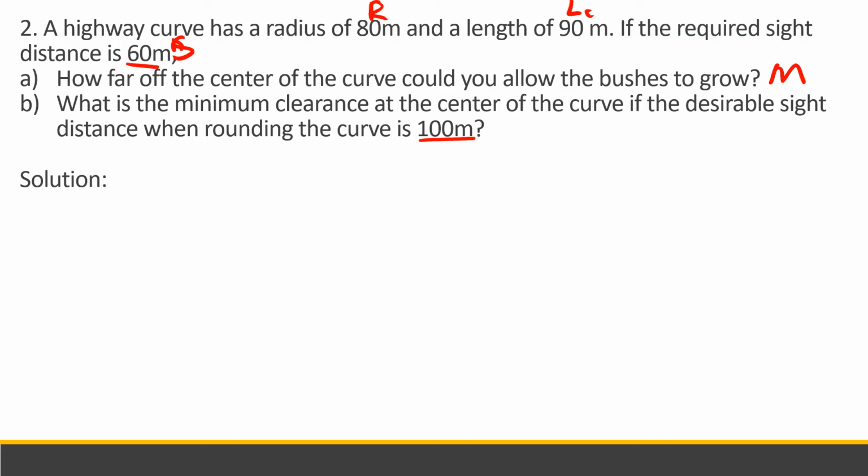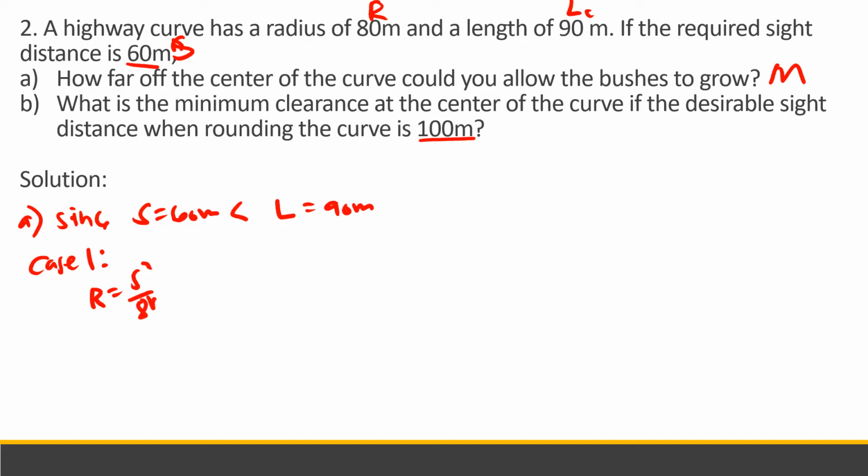So that is still M. So for A, since S is equal to 60 meters, which is less than the L natin, which is 90 meters, this is case 1. So R is equal to S squared over 8M.